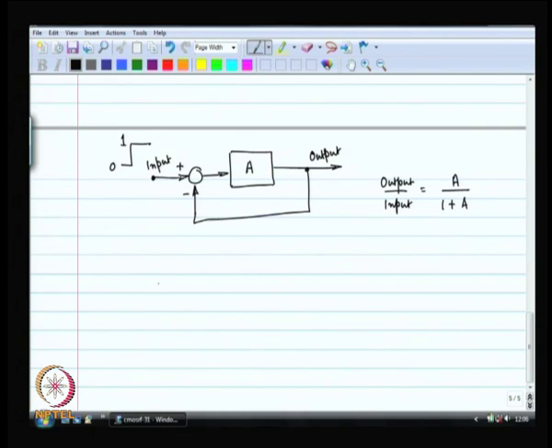I am sorry, the open loop gain divided by 1 minus the closed loop gain. Right. This is the output by input for this particular system.